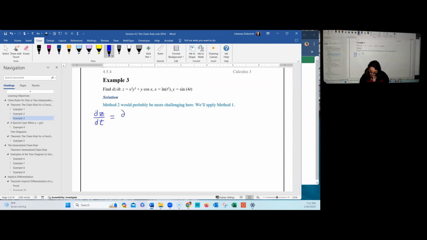This becomes the partial derivative of z with respect to x multiplied by the derivative of x with respect to t, plus the partial of z with respect to y times the derivative of y with respect to t. Go ahead and pause the video now to work this one out, then turn it back on, and we'll check each other's work.